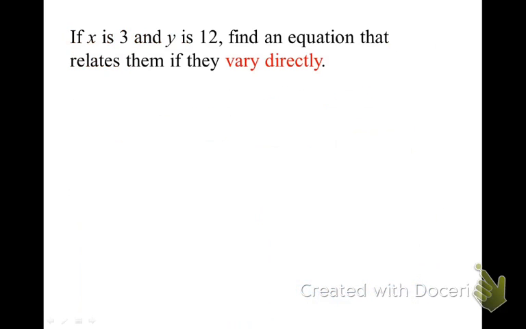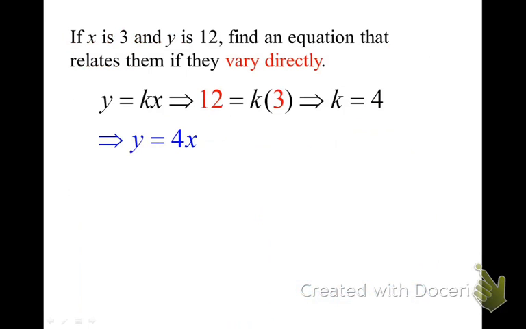So here's the kind of problem you'll be asked to do today. If x is 3 and y is 12, find an equation that relates them by varying them directly. So they're asking us to find a direct variation equation. That's y equals kx. So we start with our equation y equals kx, and then we plug in 3 for x and 12 for y and solve for k.